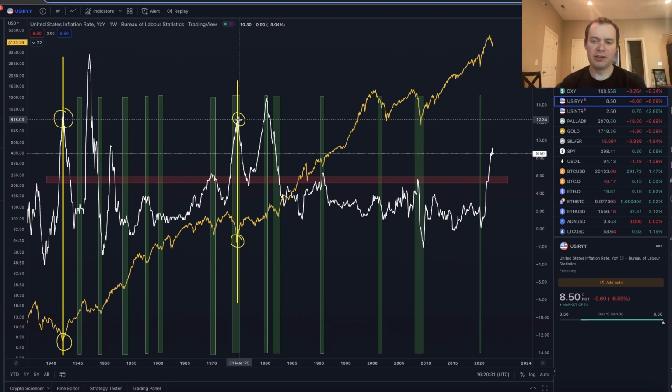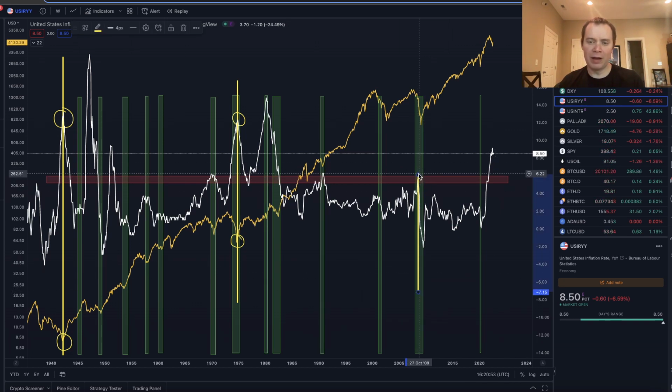But the thing to consider, I believe, is that there are periods where inflation went up, but the stock market did not bottom when inflation peaked. For instance, if you look at some of these more mundane peaks in inflation, this one went to about 5 to 6% in 2008.